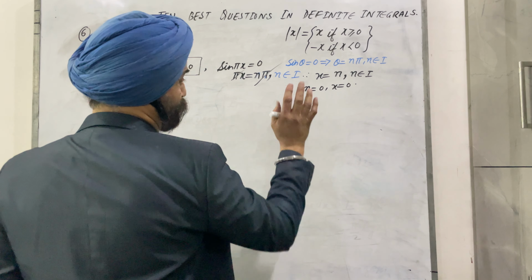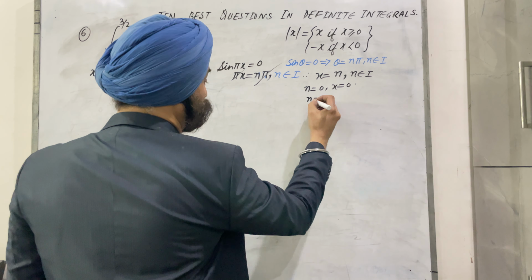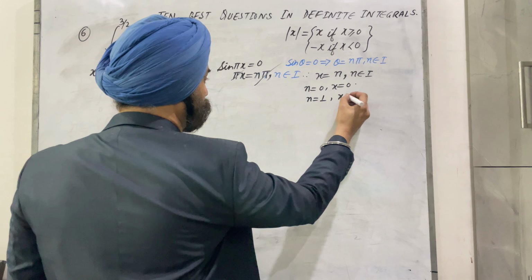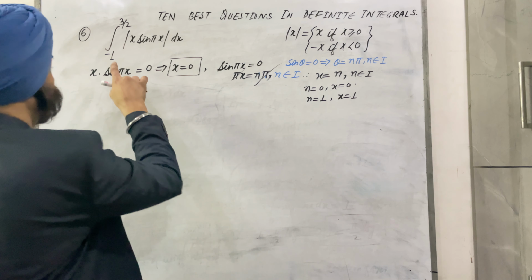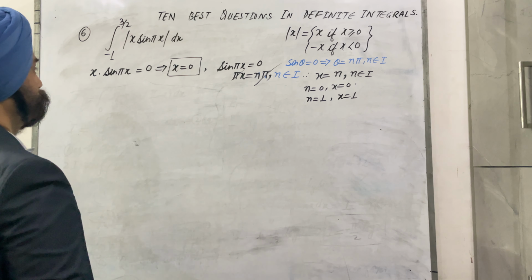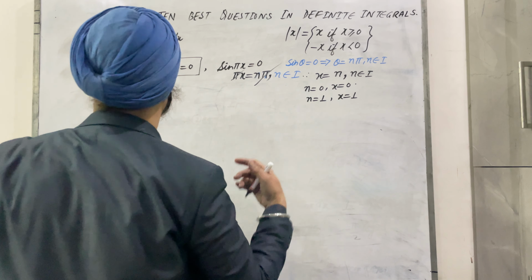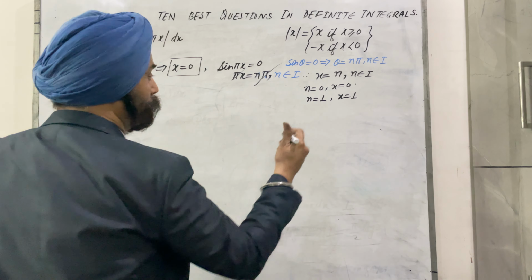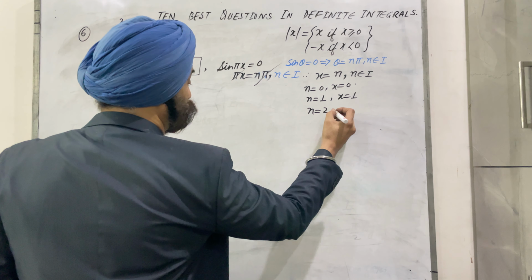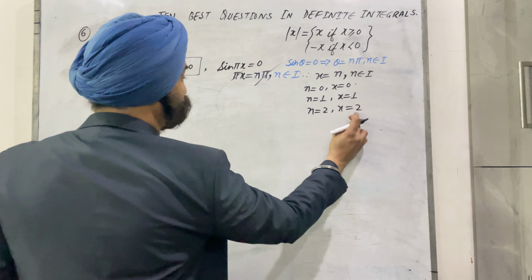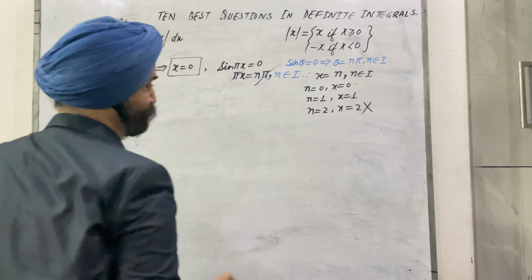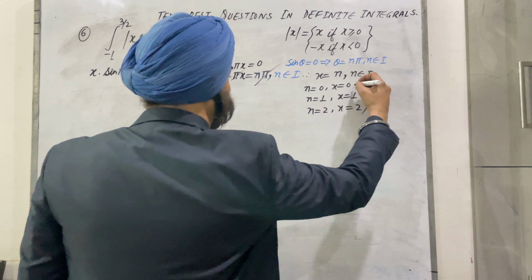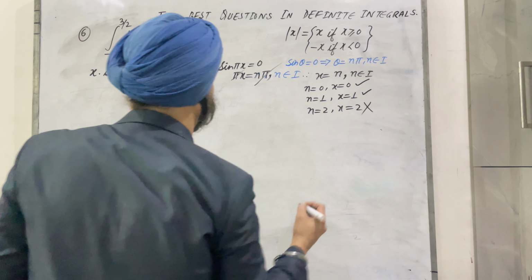Now n equal to 1 gives us x equal to 1, and this 1 is very much an element between -1 and 3/2. Now if I take n equal to 2, we get x equal to 2, but this 2 exceeds 3/2, so this must be discarded. So as of now, we get the values 0 and 1.